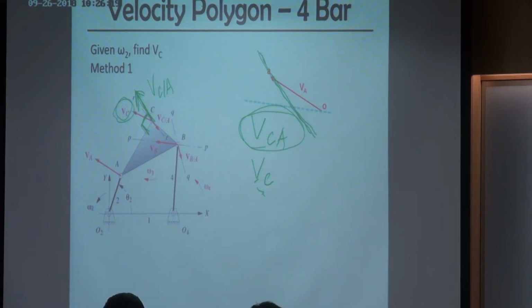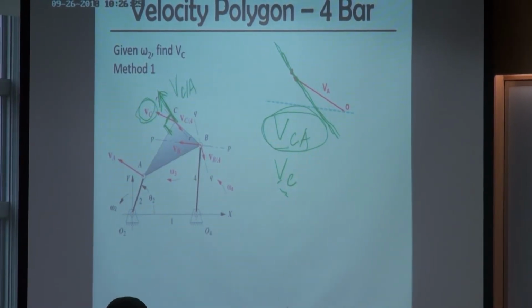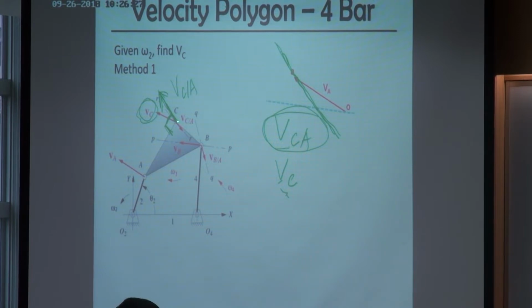I know VCA is going to pass through point A in this velocity diagram. But currently we don't know the magnitude of this one, we only know the direction. So I just draw a line with a random length, but the direction is the same as this one. This line represents VCA.